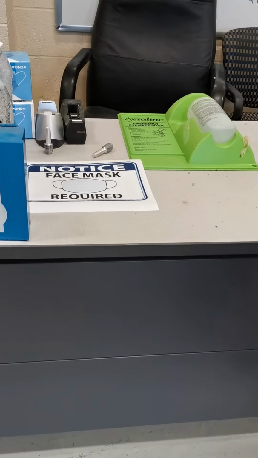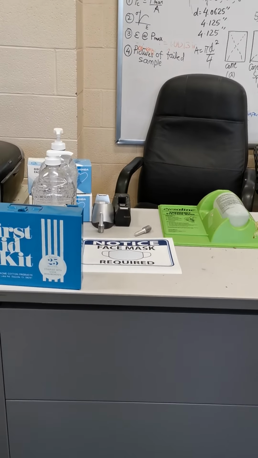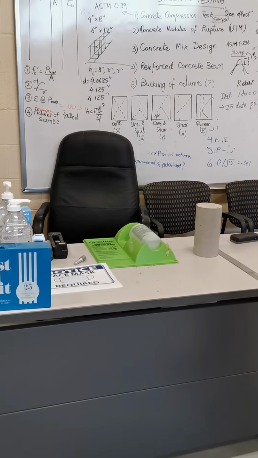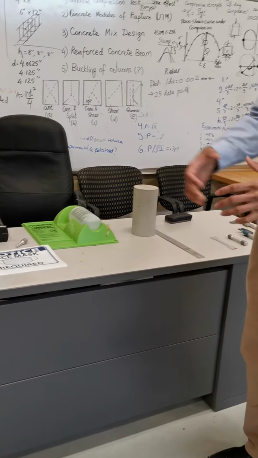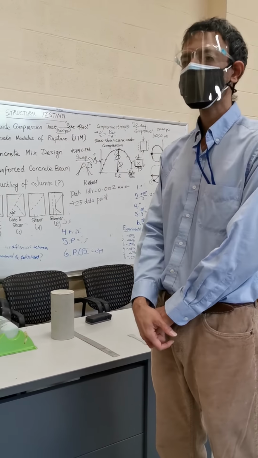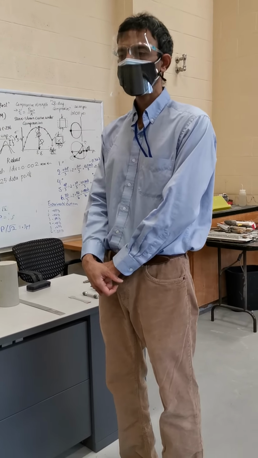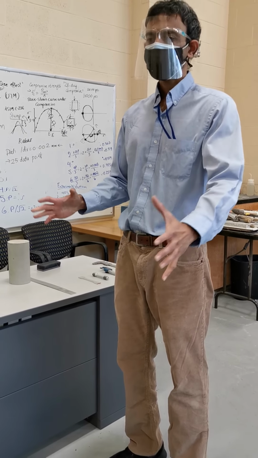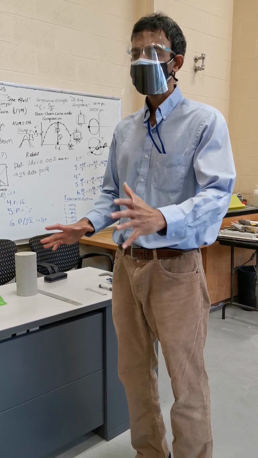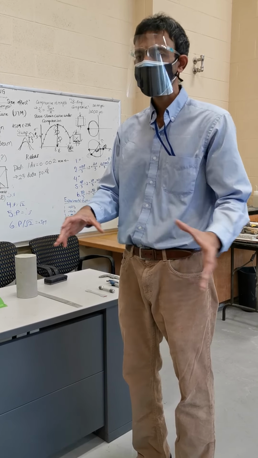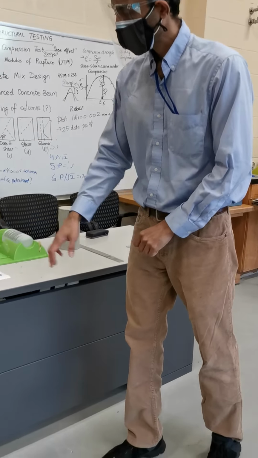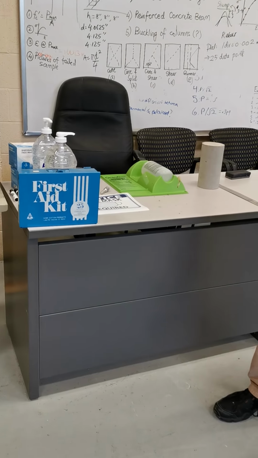Since in this lab, especially during the mixing and curing of concrete, there is a possibility of closer contact, the students are required to wear protective equipment, and they are always divided into small batches working on a particular part of the experiment. So that is what I want to say about this lab.